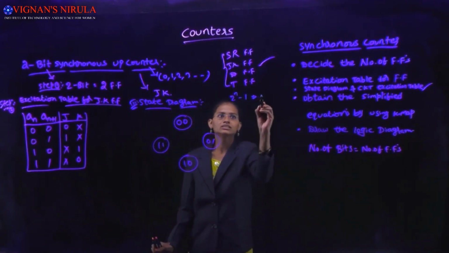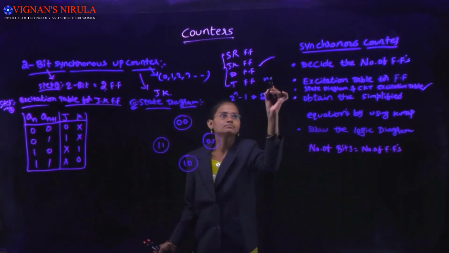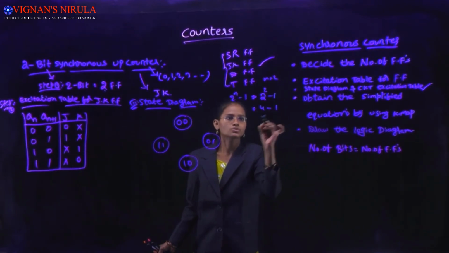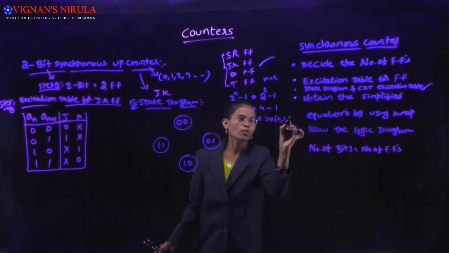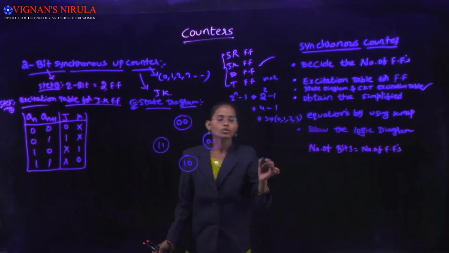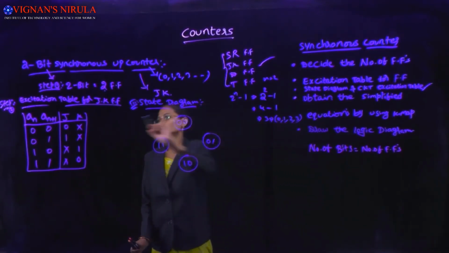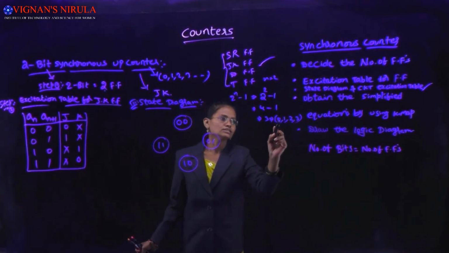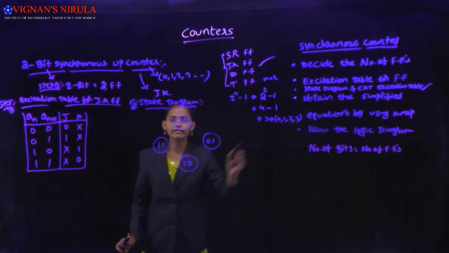Here n is considered 2 bits. 2 square is 4, minus 1, that is 3. 3 is involved: 0, 1, 2, 3. Okay. These are the steps. These are the cycle, that is 0, 1, 2, 3. This is a counting: 0, 1, 2, 3 up counting values.